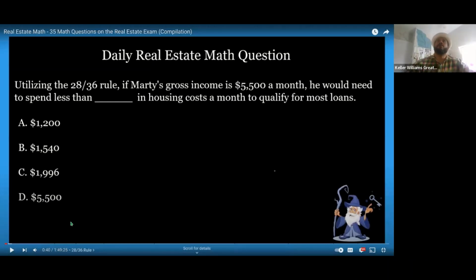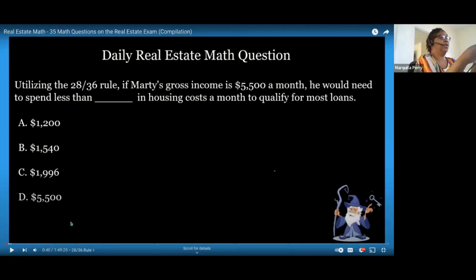Okay, so utilizing the 28/36 rule, if Marty's gross income is $5,500 a month, he would need to spend less than what in housing costs a month to qualify for most loans? Housing costs.